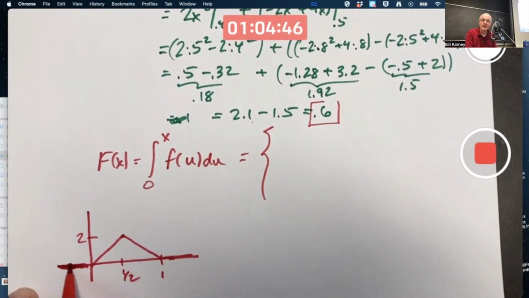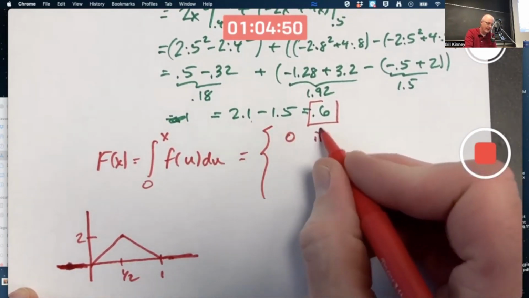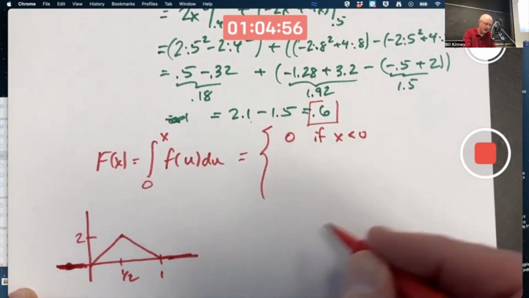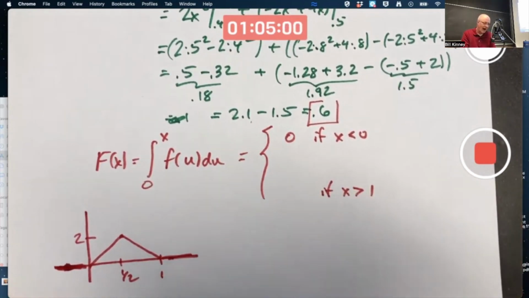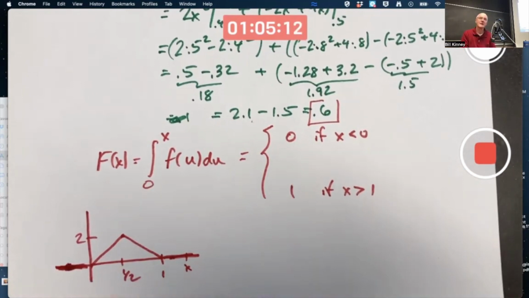So the integral is going to be 0 if x is negative. The other easy case is when x is bigger than 1. Why? Because if x is over here, I'm integrating from 0 to x. I get the area under the curve, but this triangle was constructed so that its area equals 1. This is 1 if x is bigger than 1.